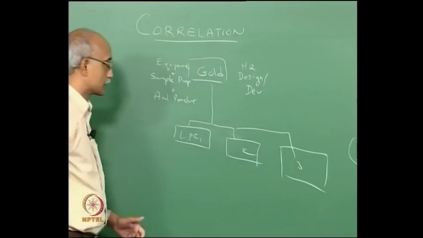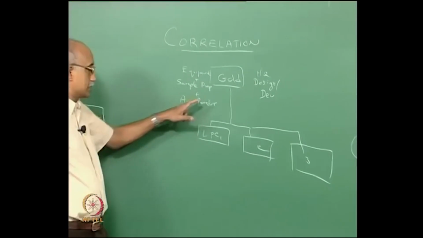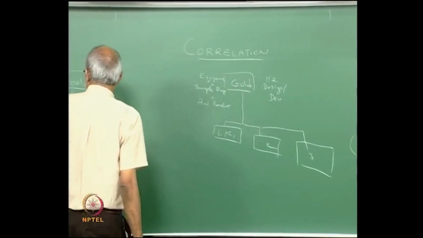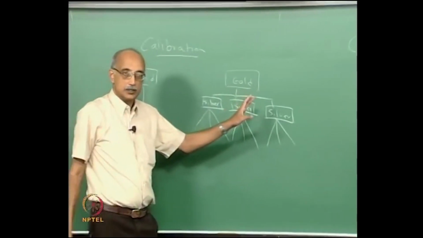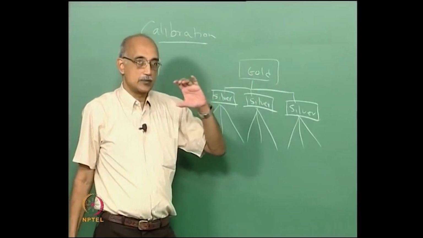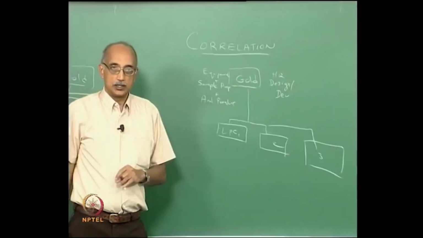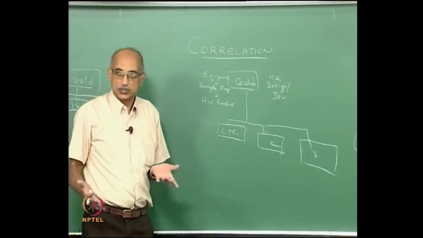And so on. Now, in a sense there is no separate gold and silver here, because the reason that we have a gold and a separate silver here is because a gold standard can be absolute, whereas here even what we are calling gold in terms of correlation is not an absolute standard.